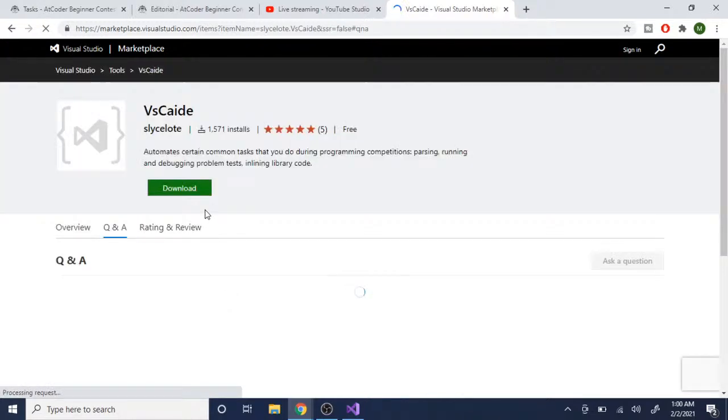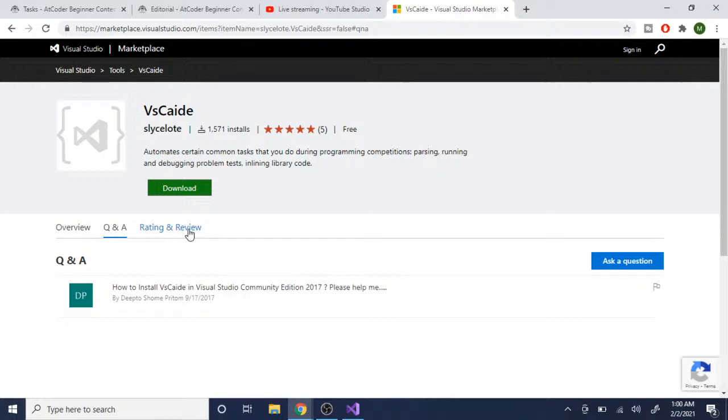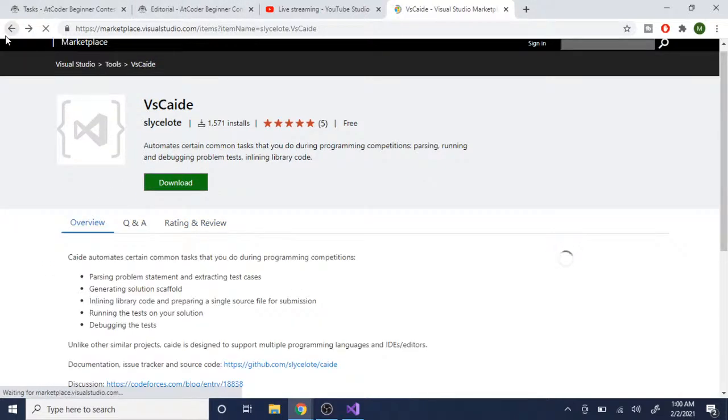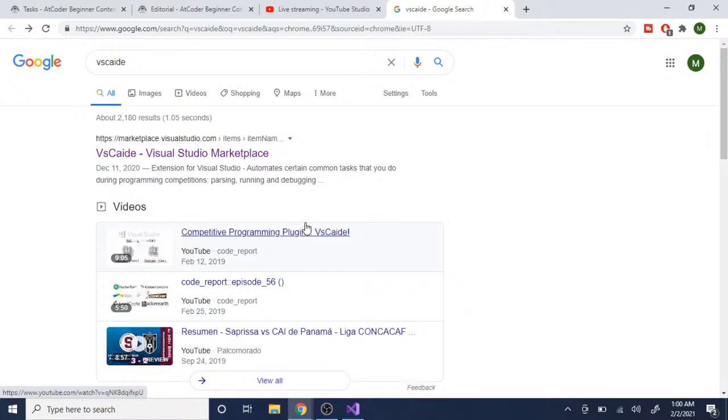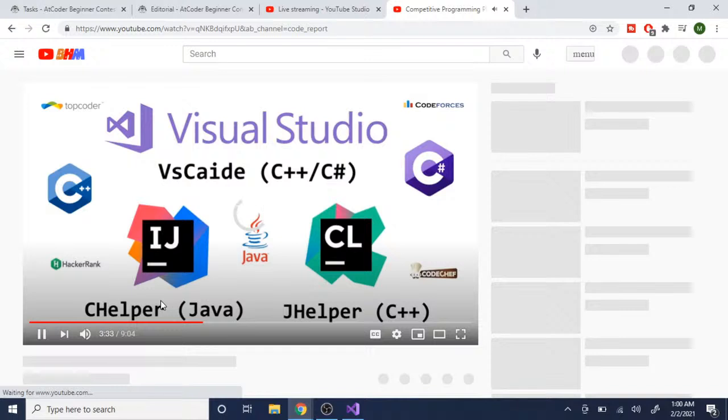What does this do? What does this look like? Oh, what the?